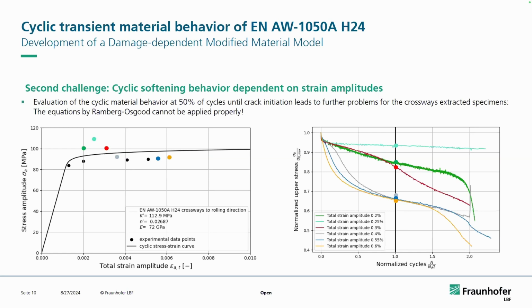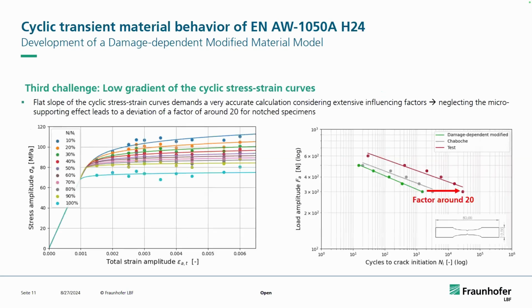And since we usually define the strain life curve at 50% of damage, you would be here, and then you see that the higher amplitudes already got further in softening, and therefore you have that downfall there you would usually not see. And then last but not least, the third challenge is the low gradient in the plastic area of the stress strain curve.